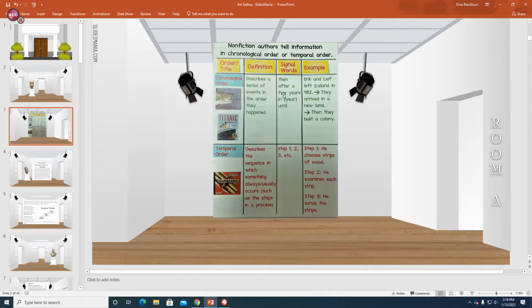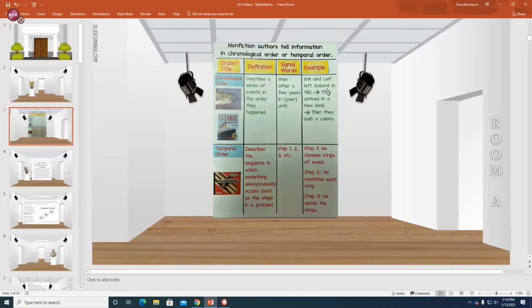As soon as you see those key signal words in the text, you automatically know that the text structure is chronological order. And these two books definitely use chronological order because we know all authors have to organize their text.